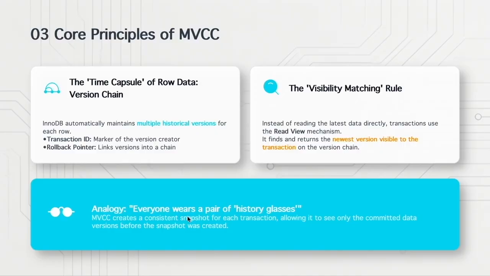Think of it like everyone wearing a pair of history glasses. You can only see the world as it was when you put them on. Similarly, MVCC gives each transaction a consistent snapshot, ensuring it only sees data committed before the transaction started, providing a stable and predictable view of the database.